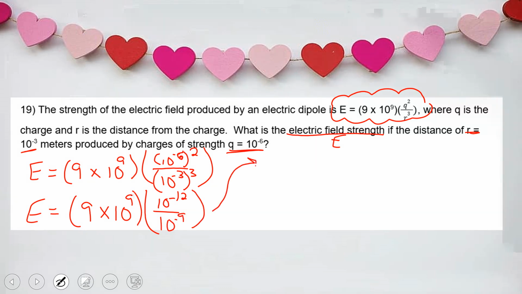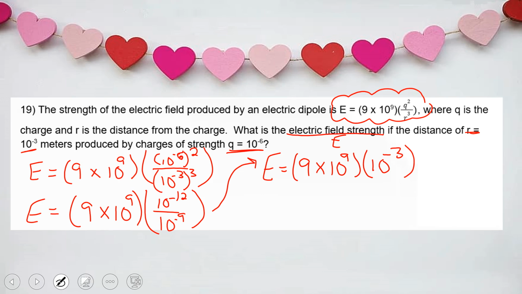Okay. Now I'm going to keep simplifying within that second set of parentheses. And I'm going to say, okay, well, 10 to the negative 12th divided by 10 to the negative 9th is 10 to the negative third.